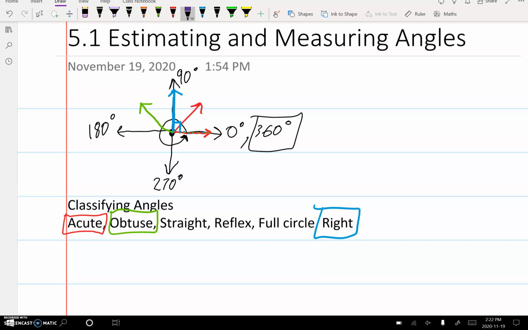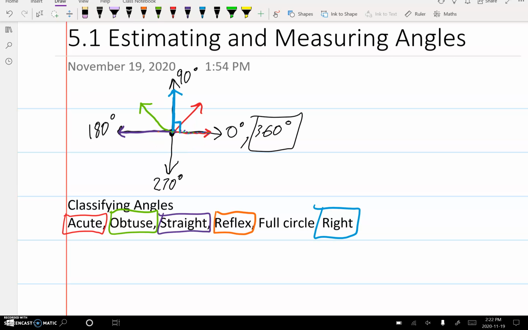Next we have the straight angle, which just means you have a straight line, an angle going straight that way. And next we have the reflex angle, which is anywhere in this whole zone. All of that would be a reflex angle.